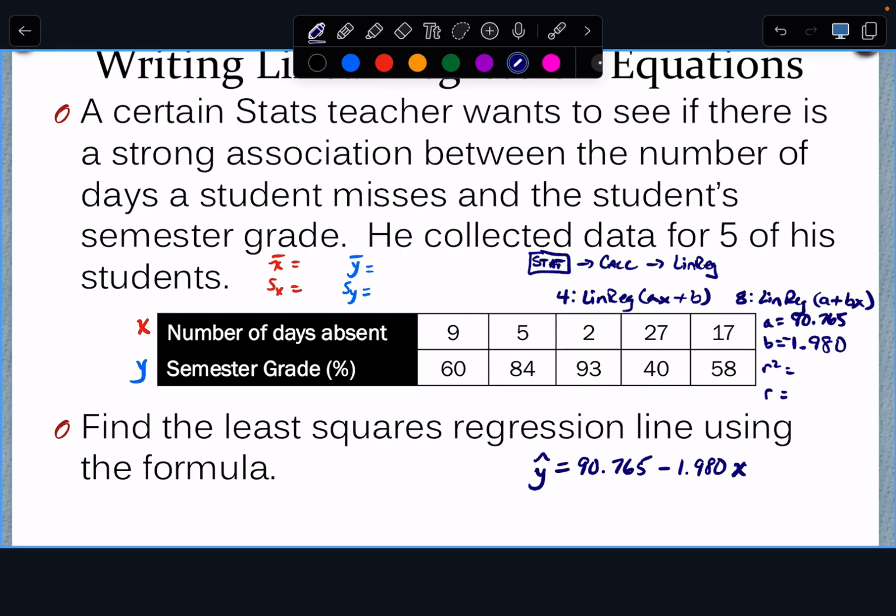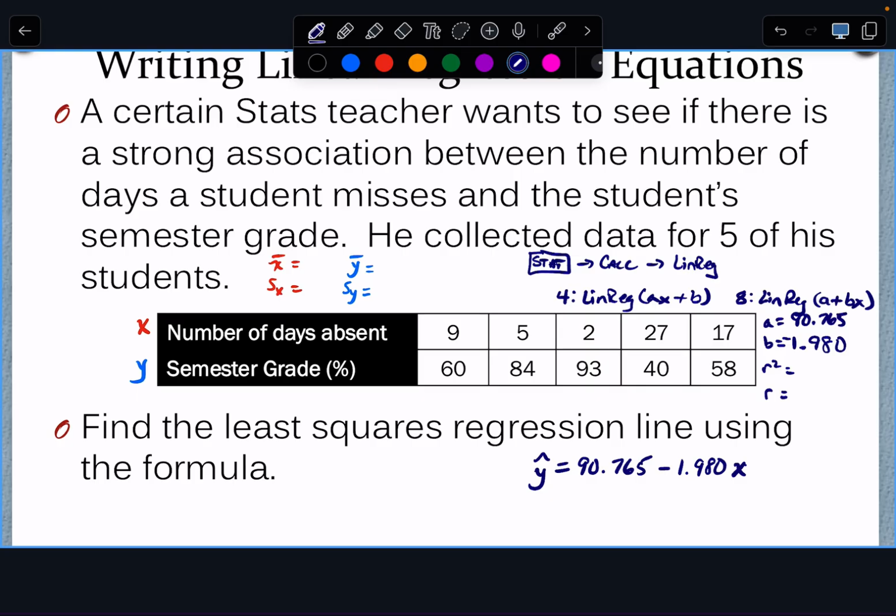What does that actually mean in the context of the problem? For each additional day that a student misses, their semester grade is expected to decrease by 1.98%. Very good.